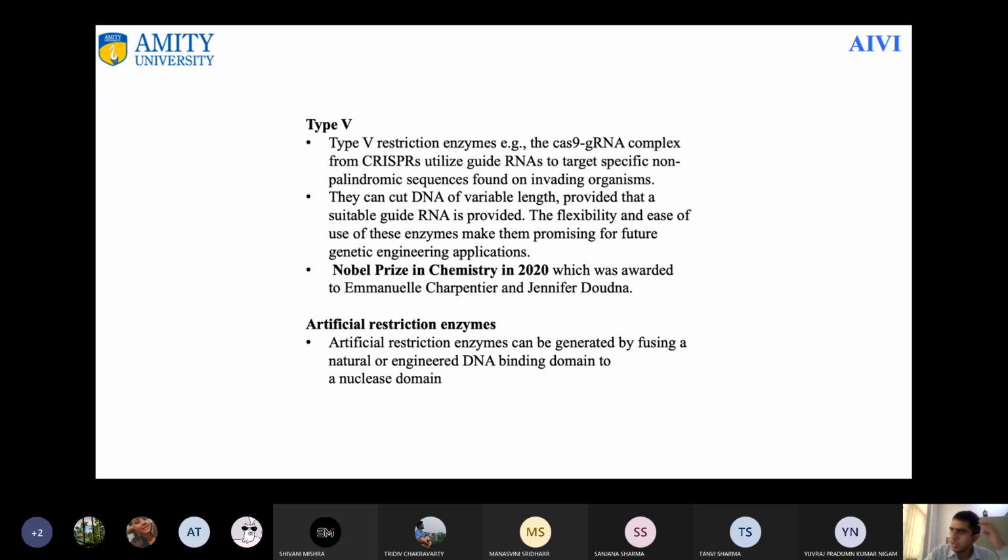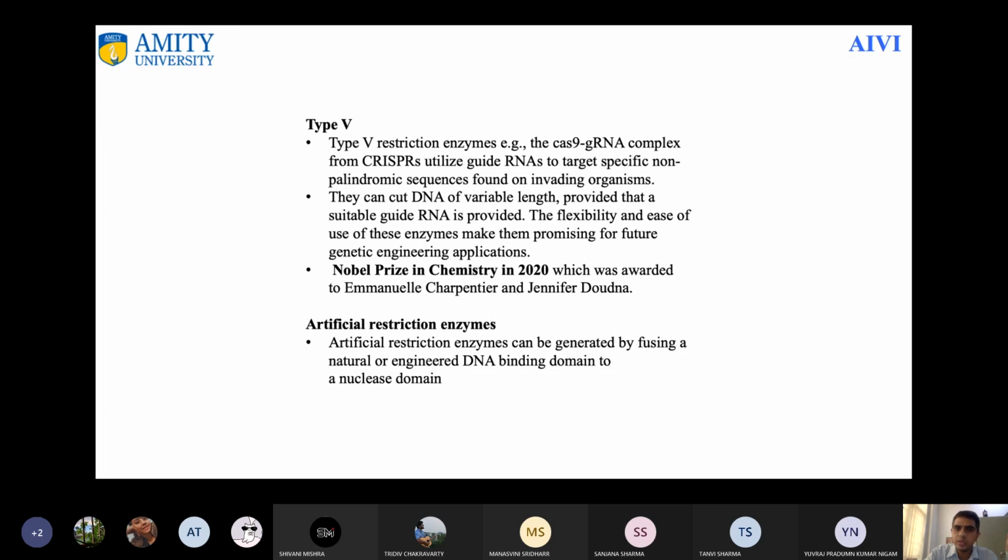Here the recognition is not of the sequence kind that we talk about in type 1, 2, 3, 4. Here the recognition is based on an RNA sequence, which we call the guide RNA. Wherever the sequence matches the guide RNA, it is going to cleave it. This is the property of the type 5 enzyme.